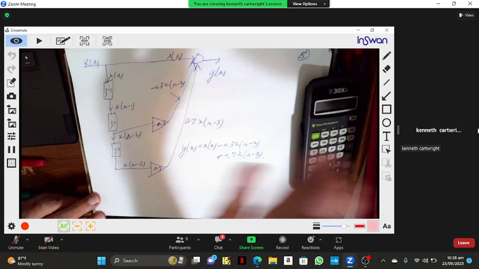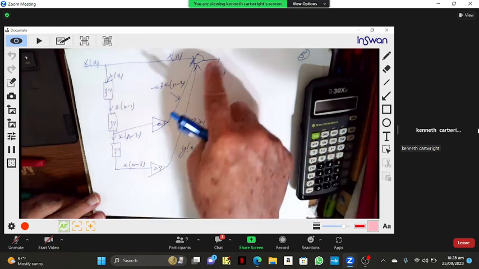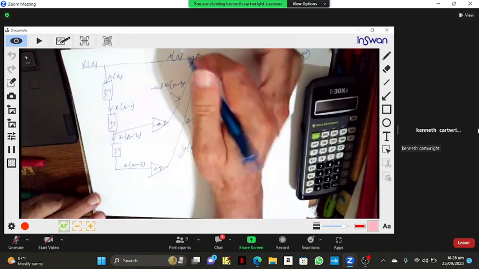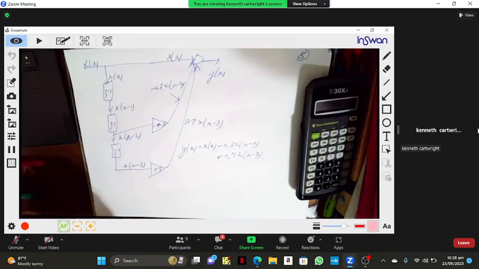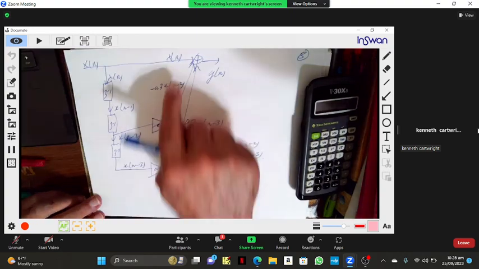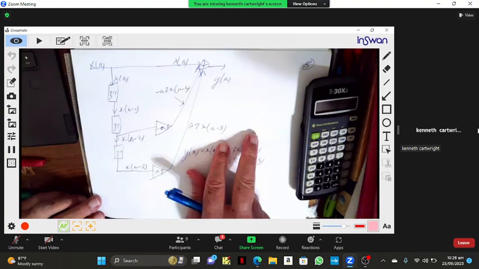All these questions are the same. You look at the output. What is the output? It's a sum. Sum how many things? 1, 2, 3. It's three things. What is this thing? That's just x of n. What is this thing?